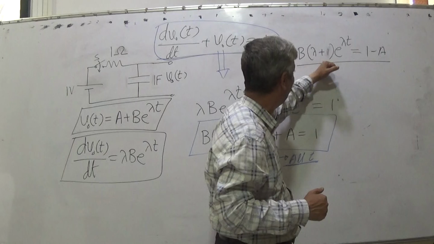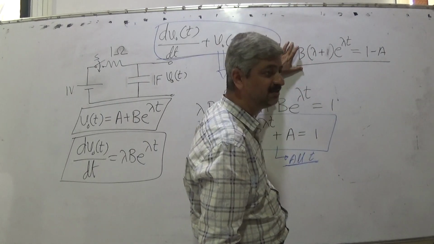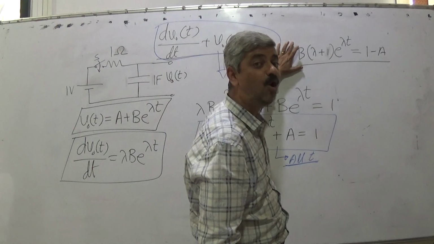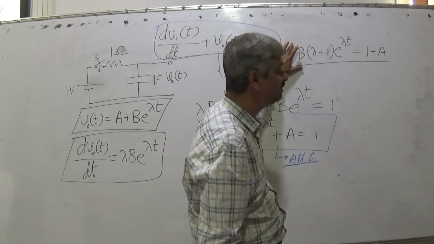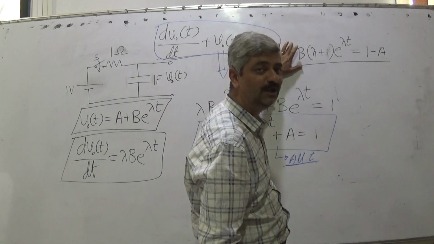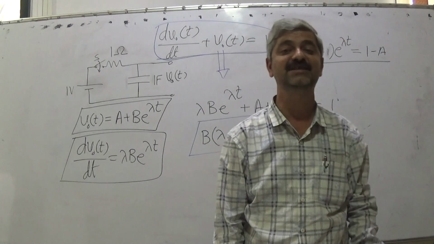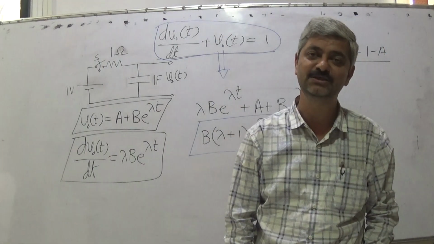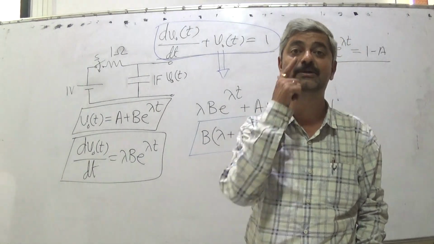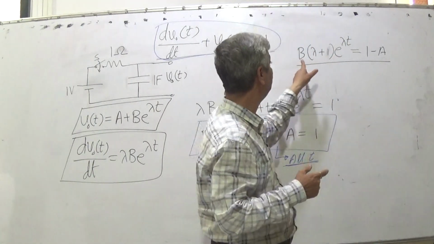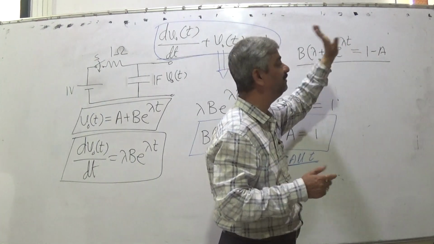When is this possible, when we want this to be true for all values of t? The right hand side includes 1 minus A, so 1 is a constant and A is a constant. And the left hand side includes B into lambda plus 1, e raised to lambda t.